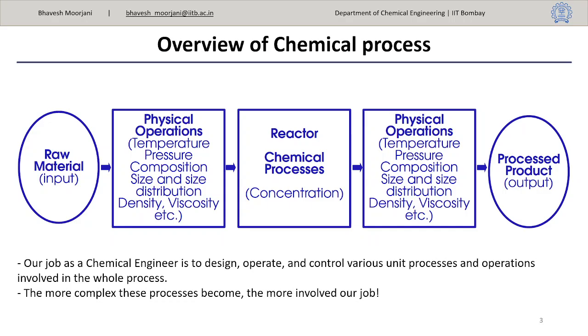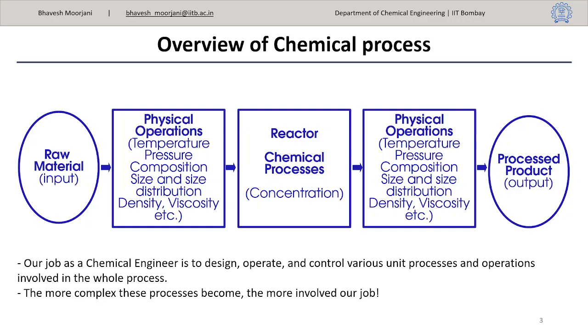an overview of a chemical engineering process, where we create a product from a raw material. The raw material goes through multiple processes, be it physical operations or chemical processes. Physical operation involves all your separation aspects, temperature, pressure treatment, etc. And then chemical processes or unit processes where reaction happens, and after reaction again a physical operation or unit operation, where the separation mainly takes place.